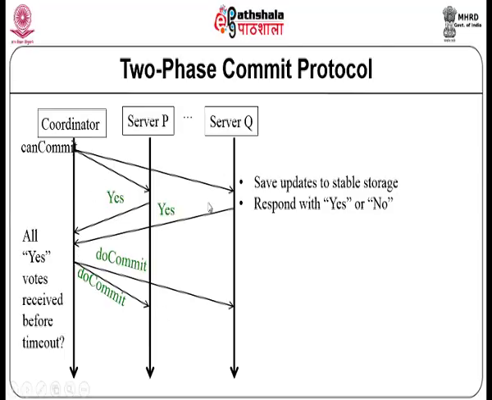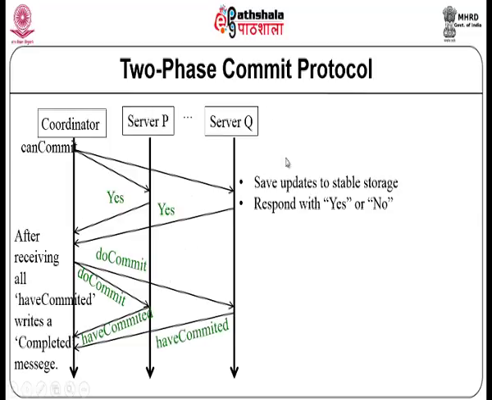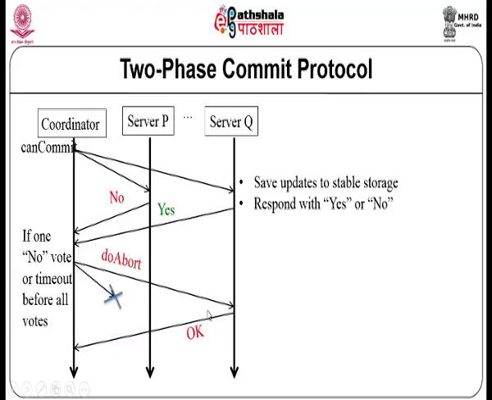If both are yes and they have reached the coordinator before the timeout, then the coordinator takes a do commit decision and sends it. When the servers receive the do commit decision, they are already ready to commit. So, they say have committed, agreeing with the coordinator.